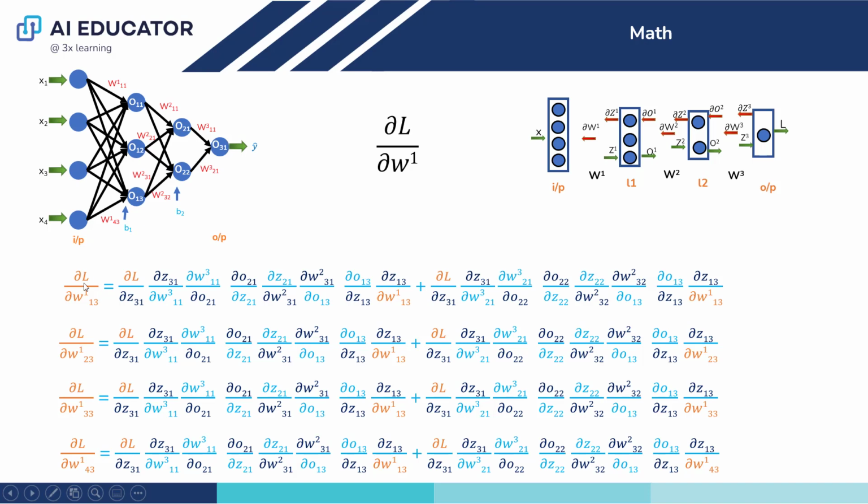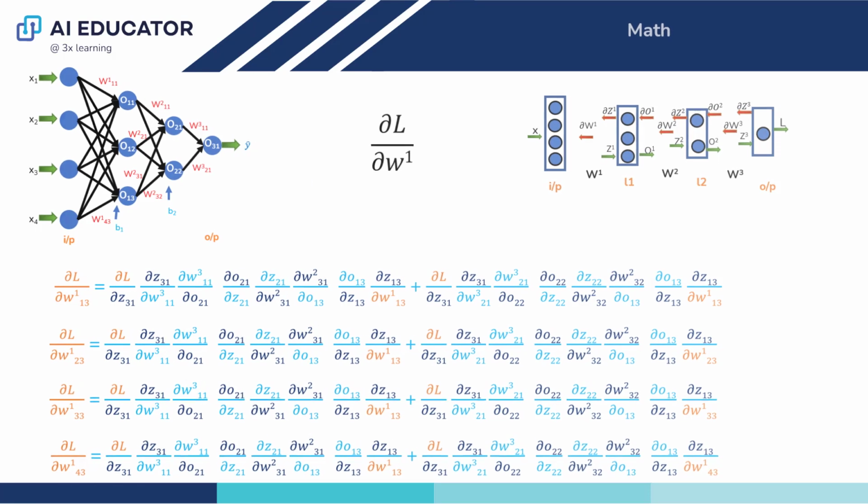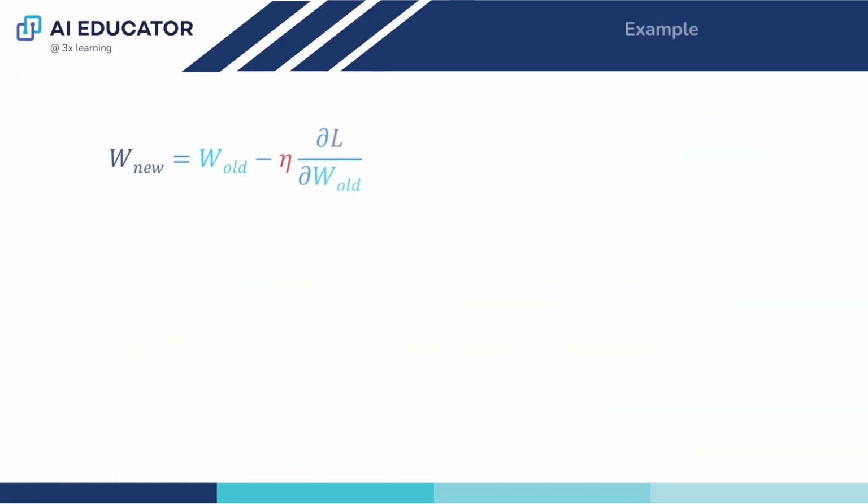Since we know how to calculate this ∂L/∂W, let us see an example so that we can understand it easier. So this is the weight formula. W_new = W_old − η ∂L/∂W_old, where W_new is my new weight, W_old is my old weight, η is my learning rate, and ∂L/∂W is the rate of change of loss with respect to weight.